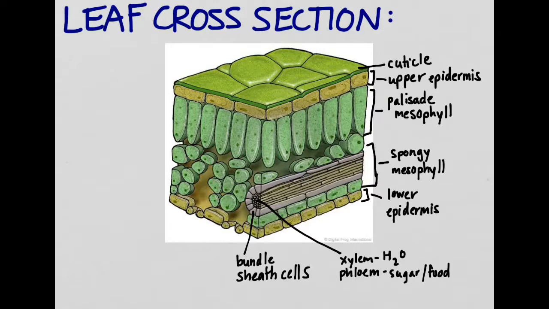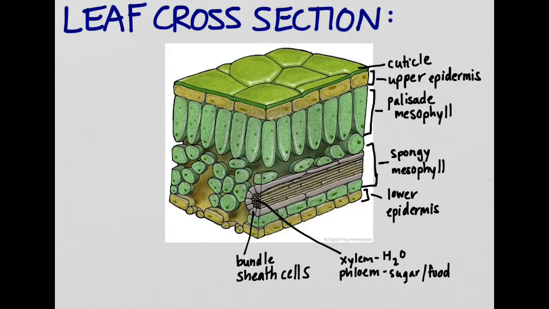And that spongy layer will lie between the palisade layer and also the lower epidermis. We see air spaces in the spongy mesophyll, and that's going to allow for gas exchange, which will be really important here. The mesophyll cells, both the palisade and the spongy mesophyll, are going to be packed with the chloroplast, which we know is really important because this is where photosynthesis is actually occurring.